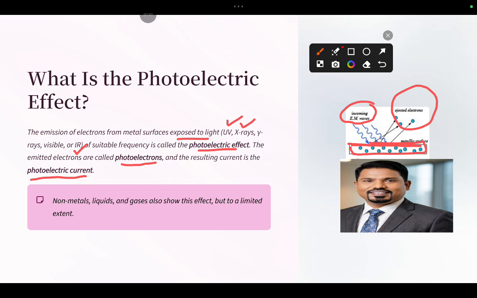Because of the photoelectric effect, the current generated is called photoelectric current. So that is about the photoelectric effect.